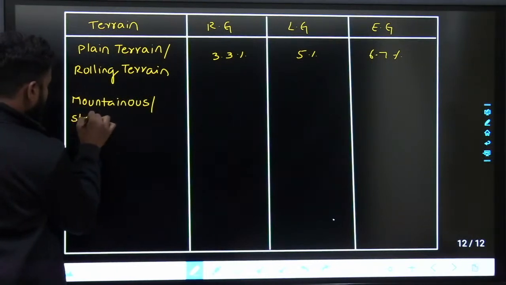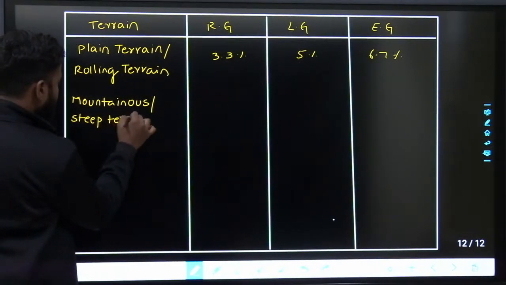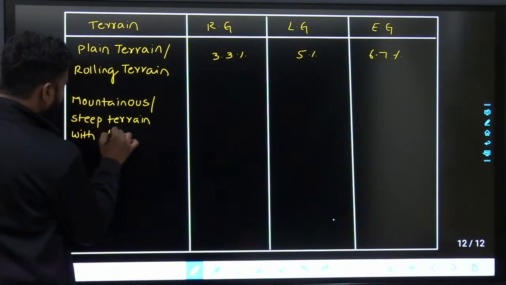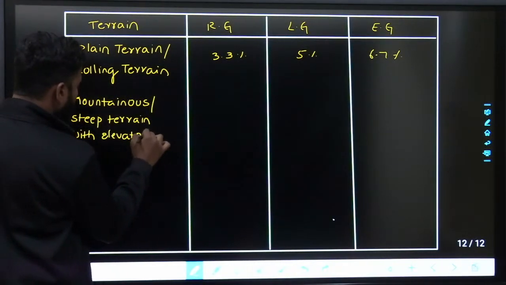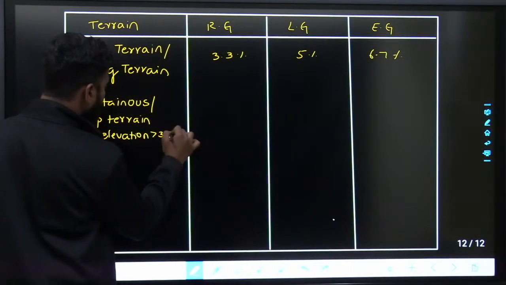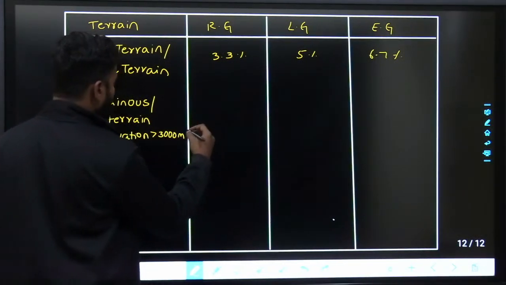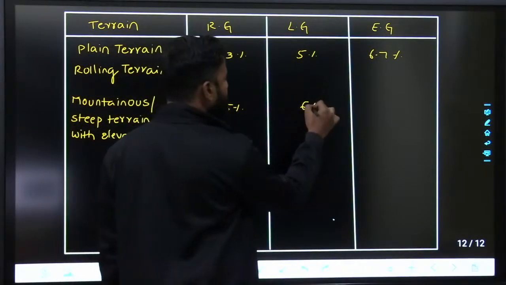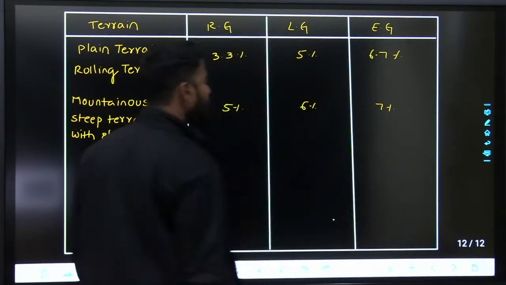Fine. And mountainous or steep terrain with elevation more than 3000 meters is 5%, 6%, 7%.